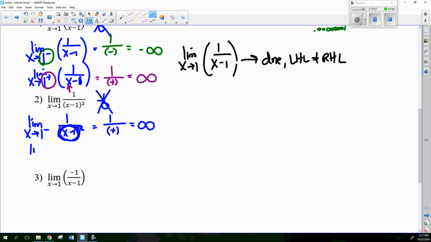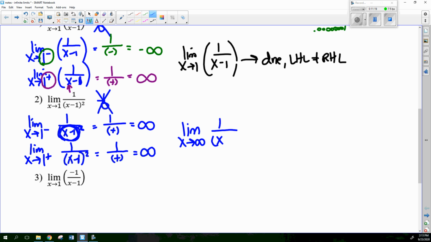All right? And then when I check the limit from the right, the same thing's going to happen. Inside parentheses is going to be positive, but when I square it, it stays positive. And so that one is also positive infinity, which means this limit has an answer. Okay? It has an answer. It would actually be positive infinity. All right? And if you looked at the graph, let's see, it would have a vertical asymptote at 1.